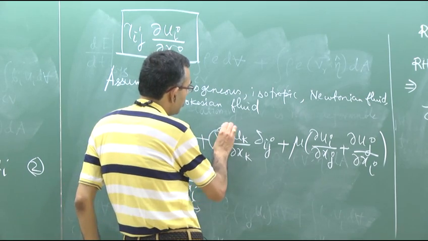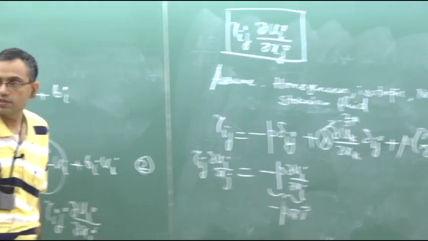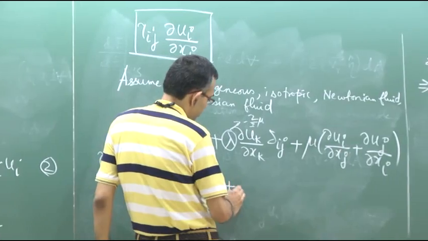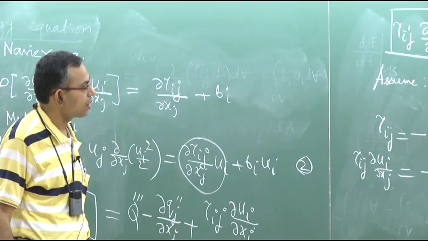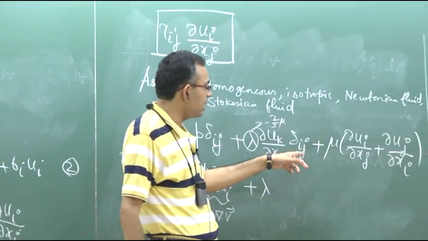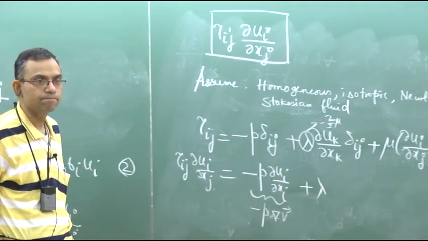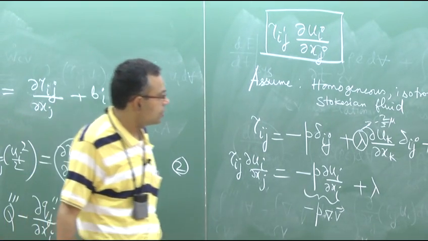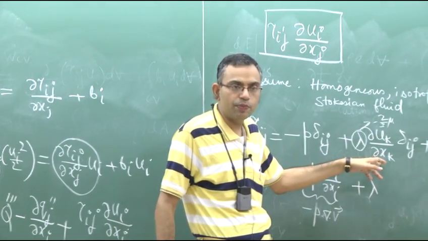Remember this lambda is equal to minus 2/3 of mu, Stokes hypothesis. So, plus lambda into del u k del x k into delta ij into del u i del x j. See, del u k del x k is del u 1 del x 1 plus del u 2 del x 2 plus del u 3 del x 3.